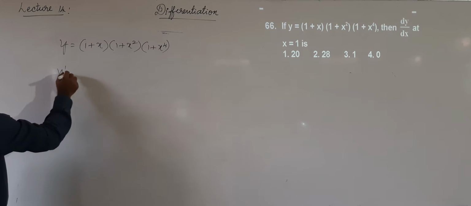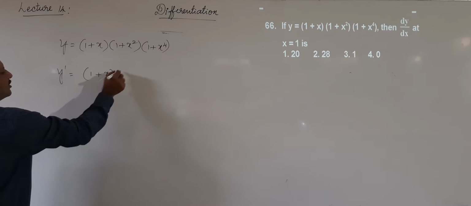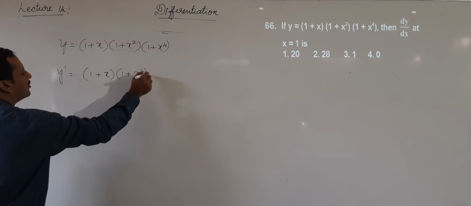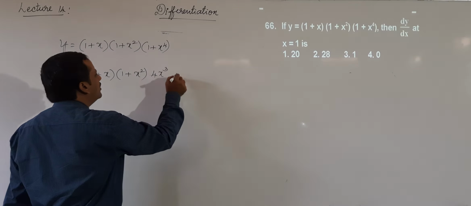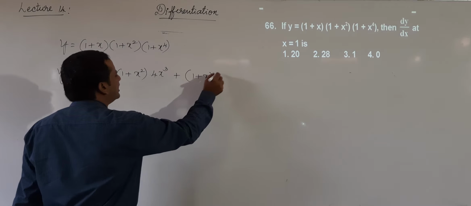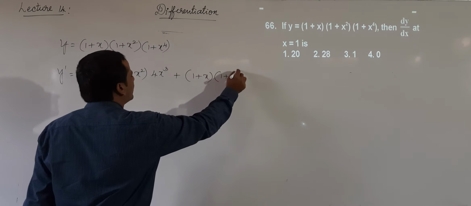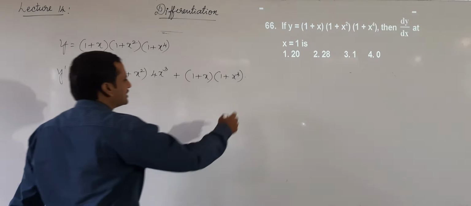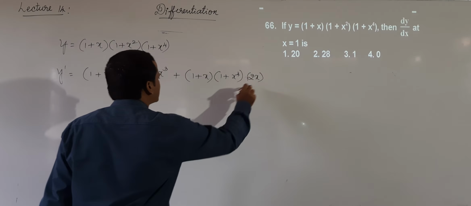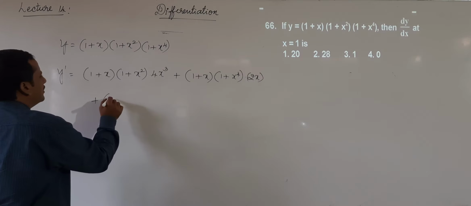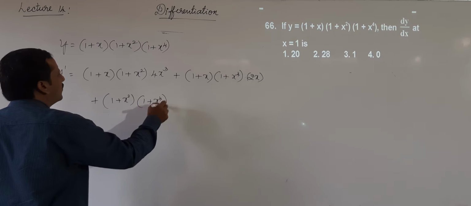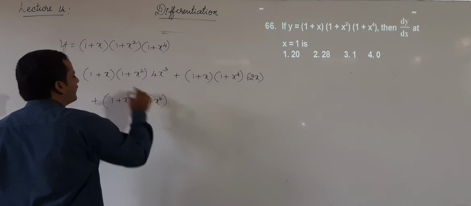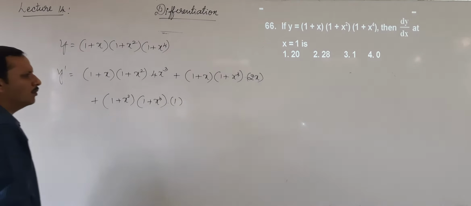Y dash is equal to, use product rule, 1 plus x into 1 plus x square into derivative of 1 plus x power 4, which is 4x cube, plus 1 plus x into 1 plus x power 4 into the derivative of 1 plus x square, which is 2x, plus 1 plus x square into 1 plus x power 4 into the derivative of 1 plus x, which is 1.